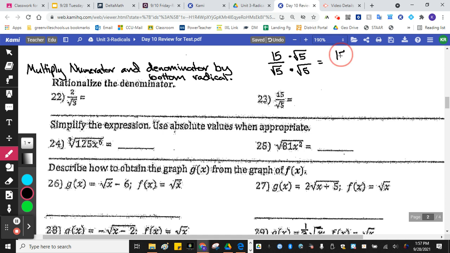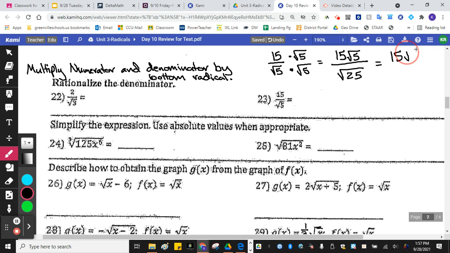So 15 square root 5. The 15's outside the radical, the 5's in, so you can't multiply them together. They just sit next to each other. But on the bottom, both of the 5's are, so you could multiply those. Simplify.